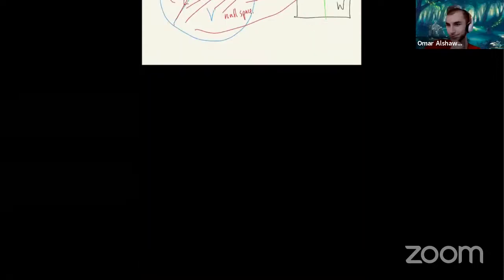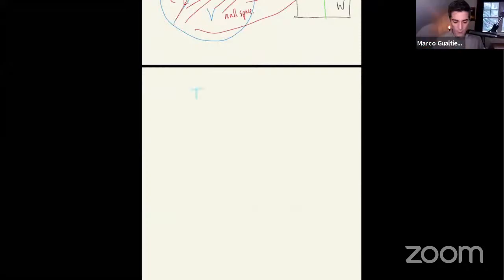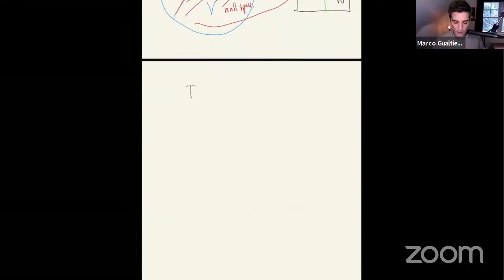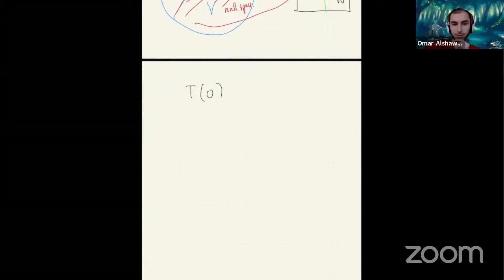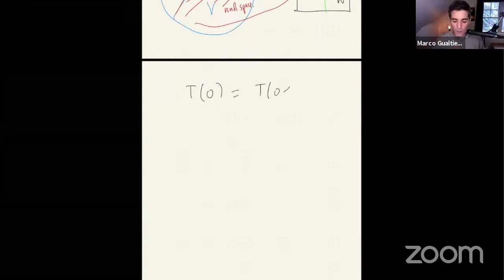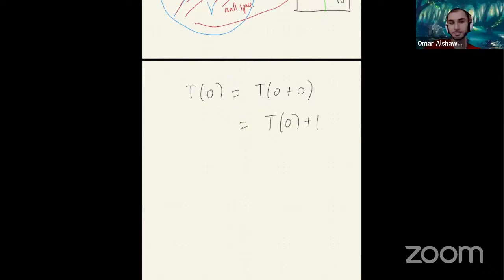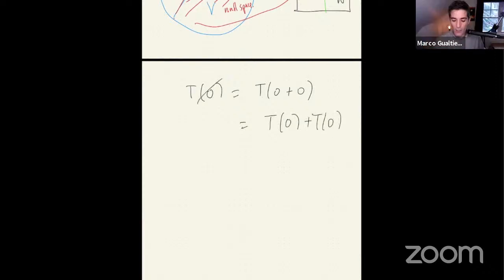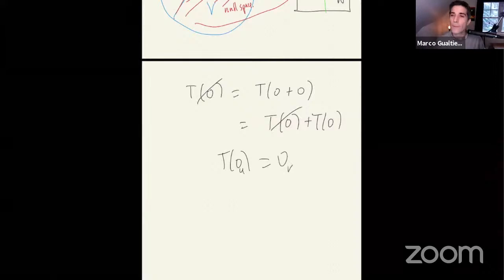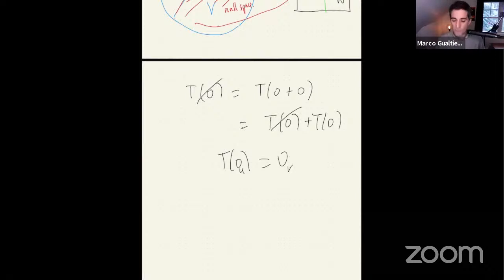You get 0. So if we have T of 0, what is it? Well, I don't know what it is, but it's certainly equal to T of 0 plus 0, by linearity, which is T0 plus T0. And then you can cancel out, and so you get T of 0 is 0. So 0 is definitely one of the values, and it's for this reason.